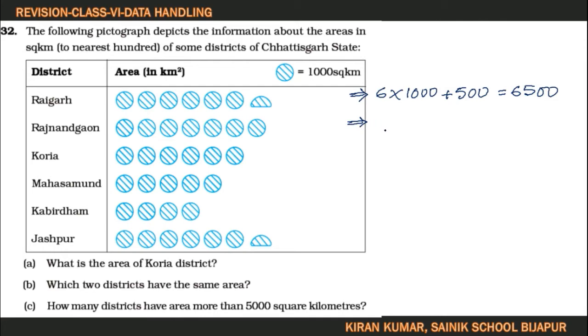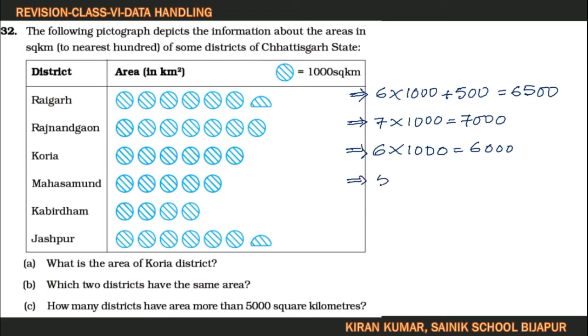For the next one, it is 7 times 1000, which is 7000 square kilometer. For the third one, we have 6 full, so 6 times 1000, which is 6000.